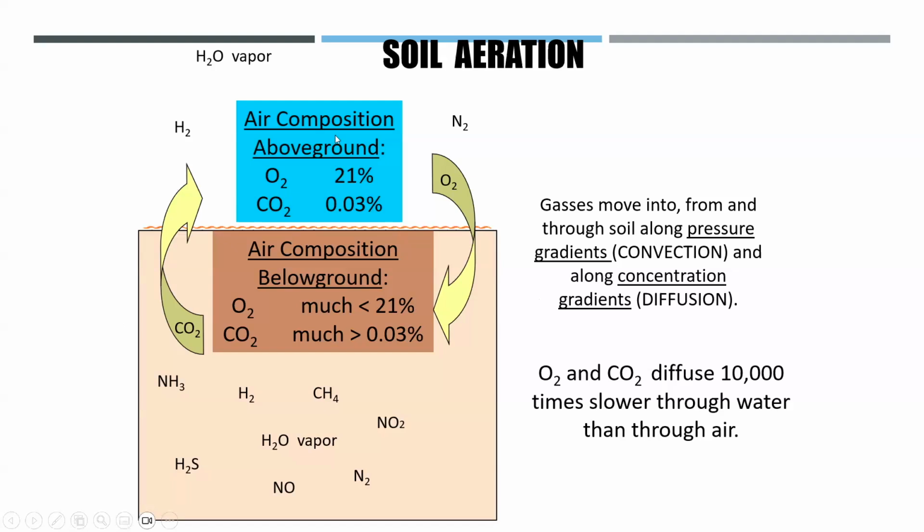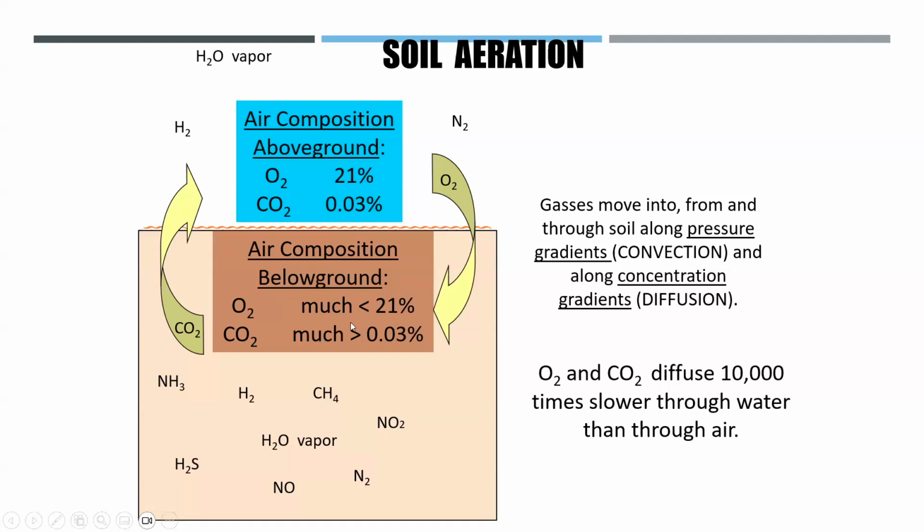Air will move back and forth. So we have less oxygen here, more oxygen here. Oxygen will naturally want to diffuse in, more CO2 here, less there. It'll naturally want to diffuse the other way. And the same thing with nitrogen and hydrogen and all the rest of them. They will naturally want to do that. The problem is that oxygen and carbon dioxide diffuse 10,000 times slower through water than through air.